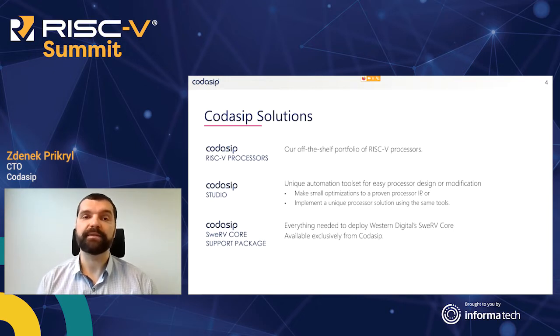That's an environment for deploying Western Digital's open source cores, namely EH1, EH2, or EL2. So everything you need for deploying these cores, you can find in the SweRV core support package, because we are tightly coupled with Western Digital. In this presentation, I will focus on the first two items, so mainly the RISC-V processors and the Studio.